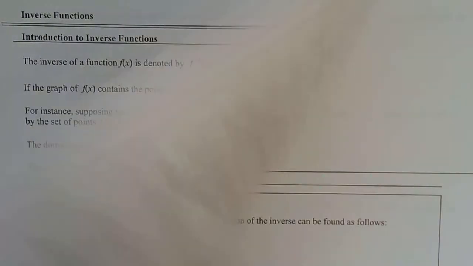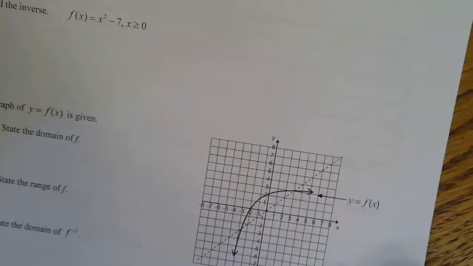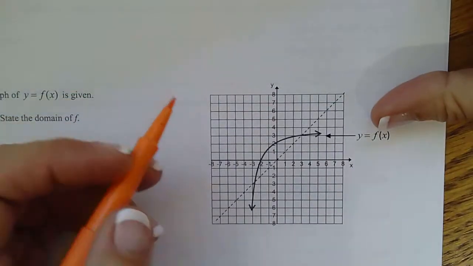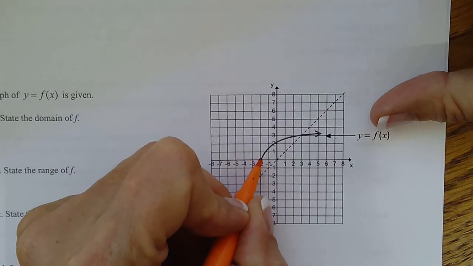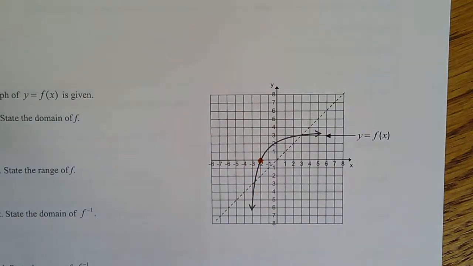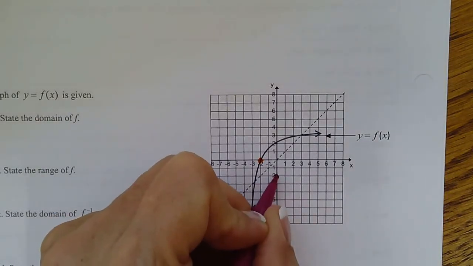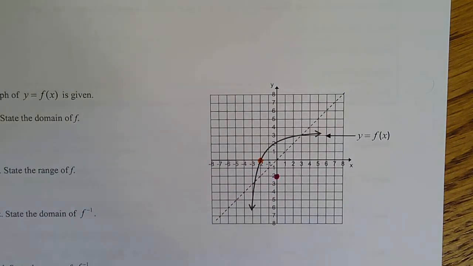So going back to this graph, this is on page 8. See how the point -2, 0 is on the first graph? Well, that means the point 0, -2 is on the second graph. So knowing points on the first graph, I can get points on the inverse graph.